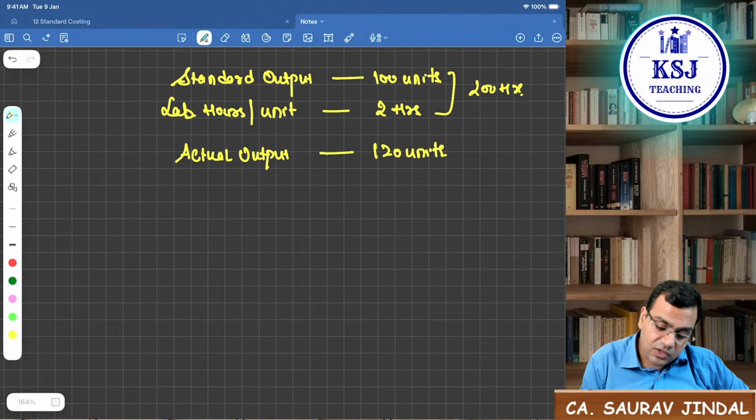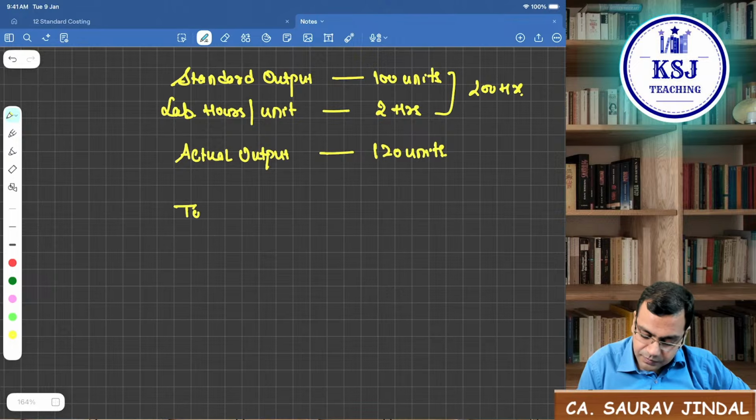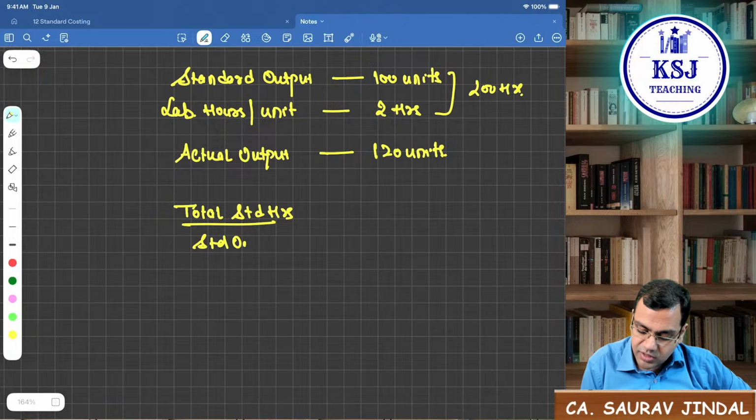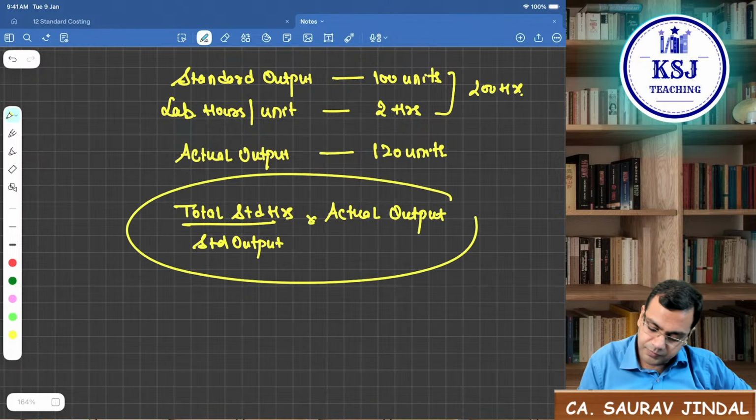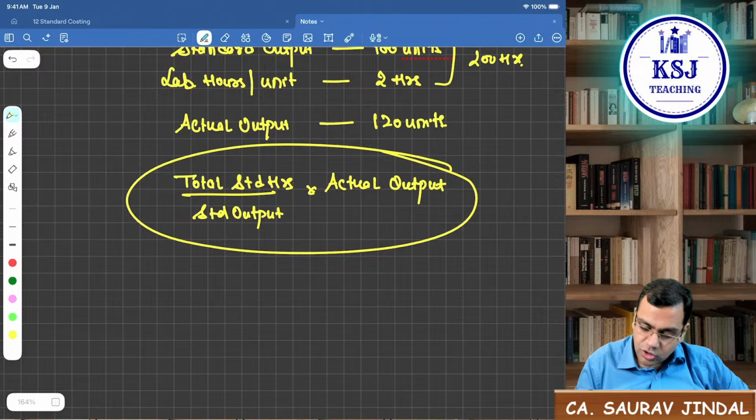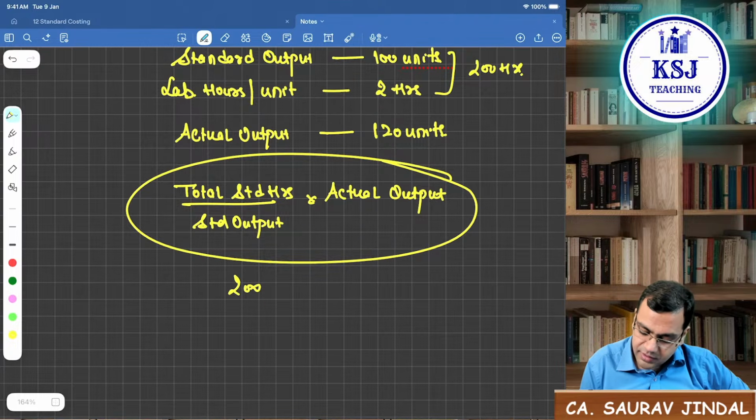Now you want to calculate the standards for actual output. So that will be total standard hours divided by standard output, multiplied by actual output. Total standard hours here is 200, divided by 100, into 120.